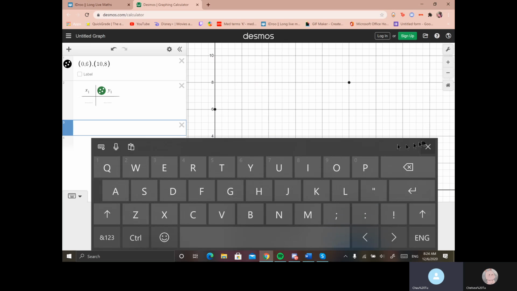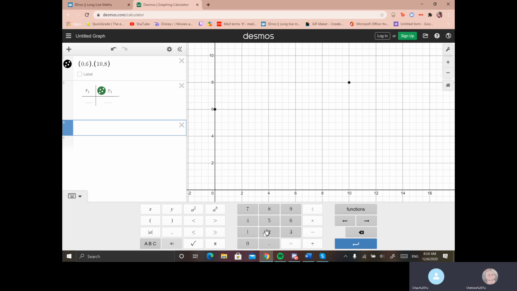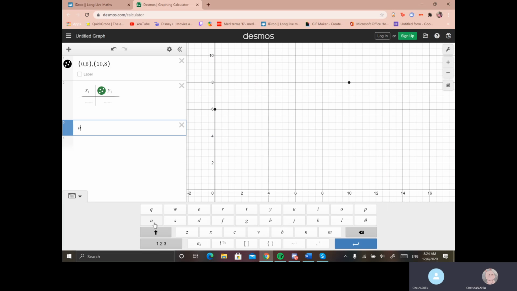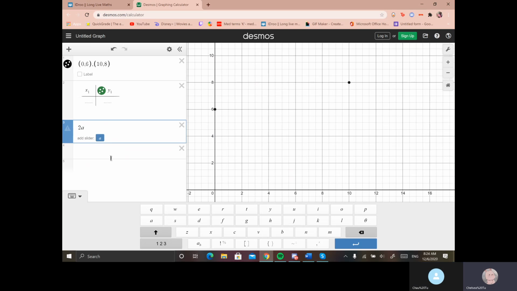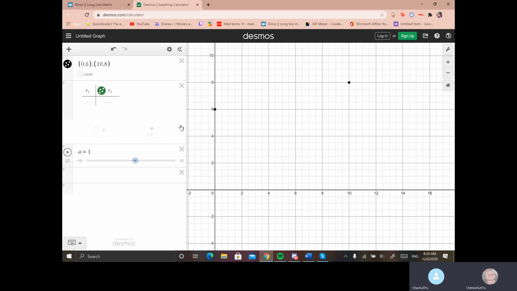Set up our slider A. Just type in A. Hopefully Desmos will recognize it. All right, no, it doesn't. Type in 2A. Yep. And then get rid of that 2. Okay, fair enough. We want to slide. What's the domain for our situation?